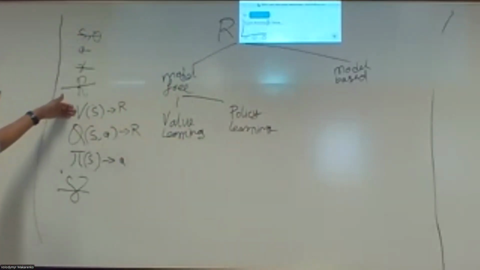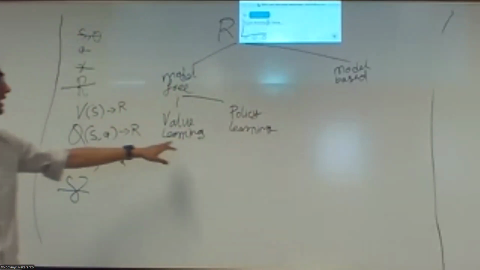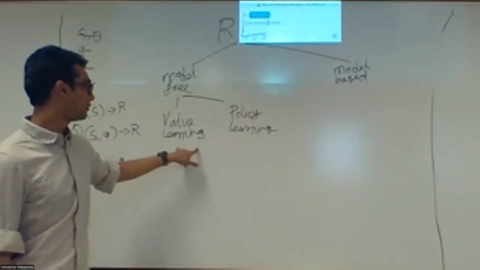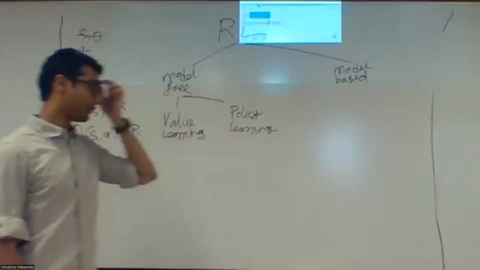Based on what you know so far, you might already be able to predict a little bit about this. What's the difference between value learning and policy learning?